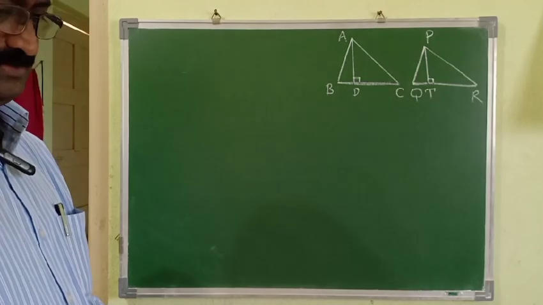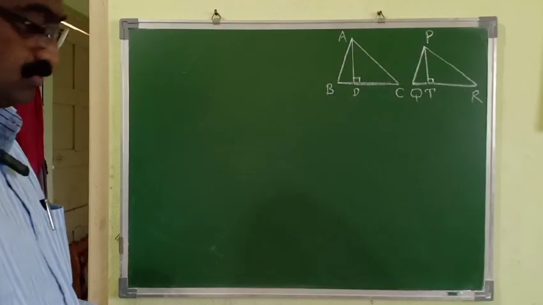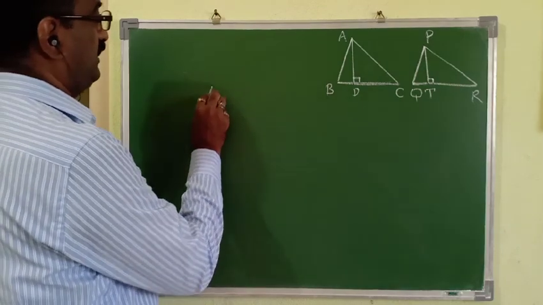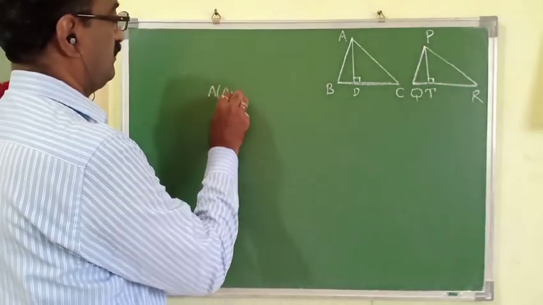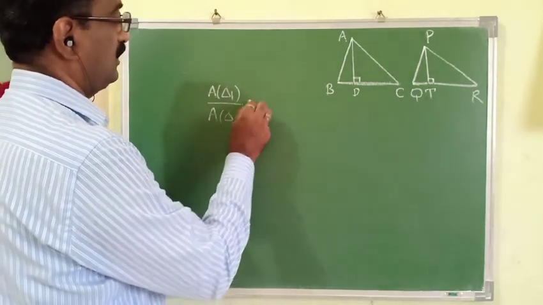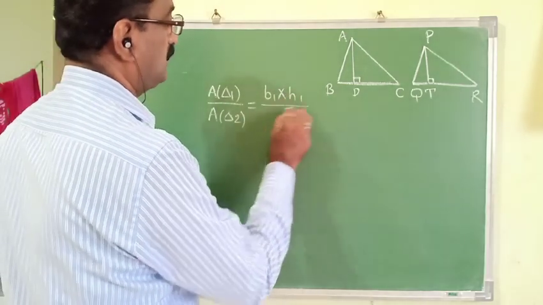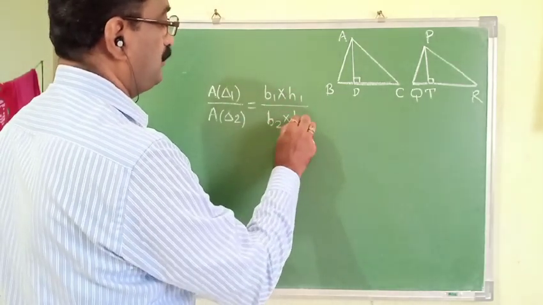If instead of triangle ABC, triangle PQR, we say triangle 1, triangle 2, then we can write this as area of triangle 1 upon area of triangle 2 is equal to B1 into H1 upon B2 into H2.